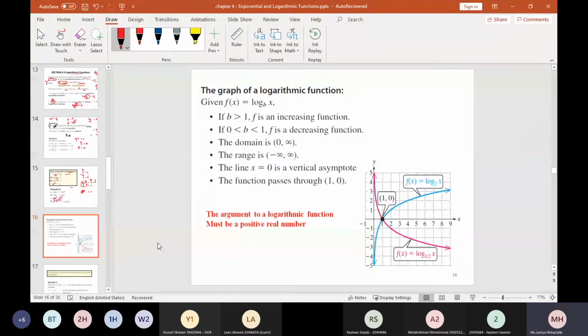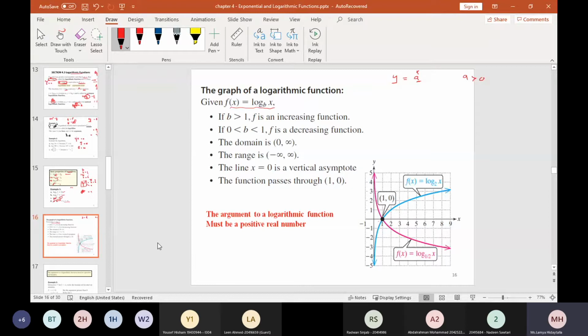If we want to know what the graph of the logarithmic function looks like: before, for the exponential function y equals a to the power x, the base, we said, is always a number greater than 0.